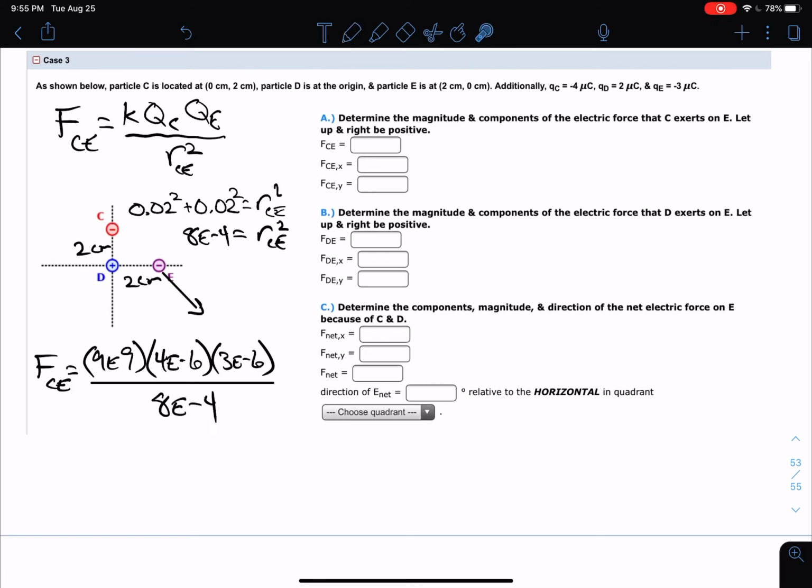And so I've converted my charges to coulombs, and I've converted the distance to meters, so RCE squared is in square meters, which is now in the appropriate units. And so if I type this all into my calculator, I'm going to do that real quick.